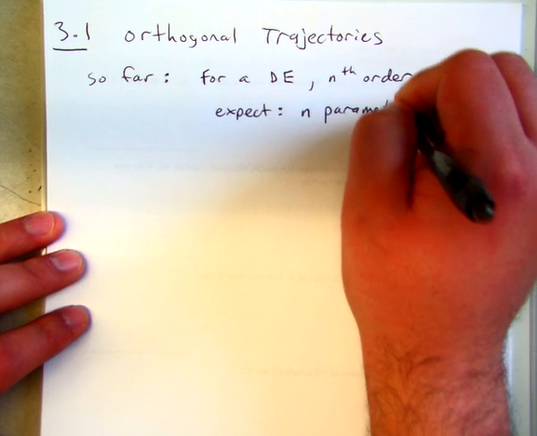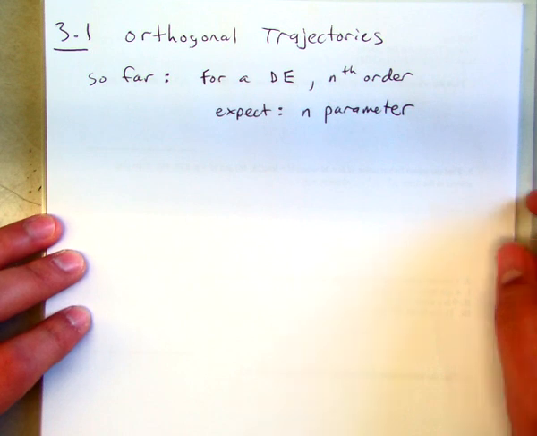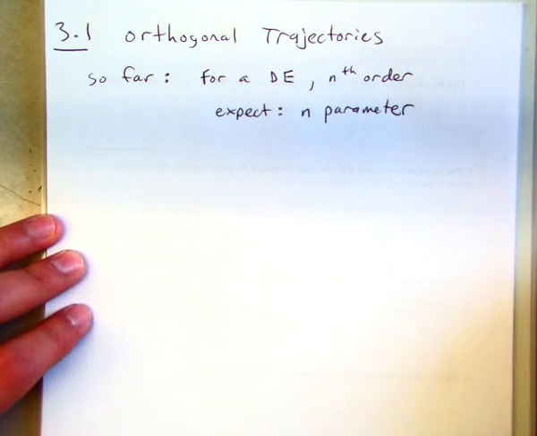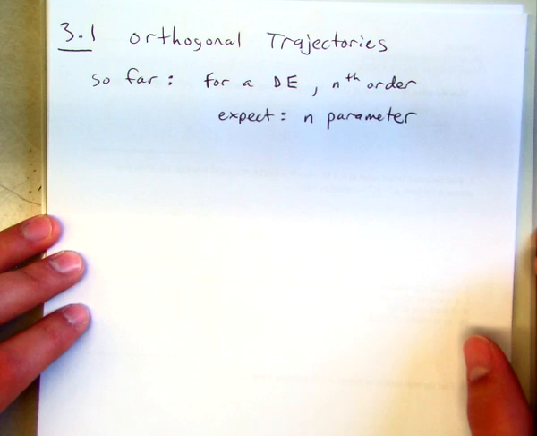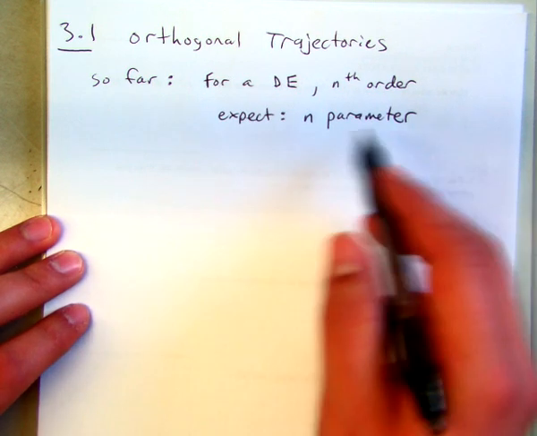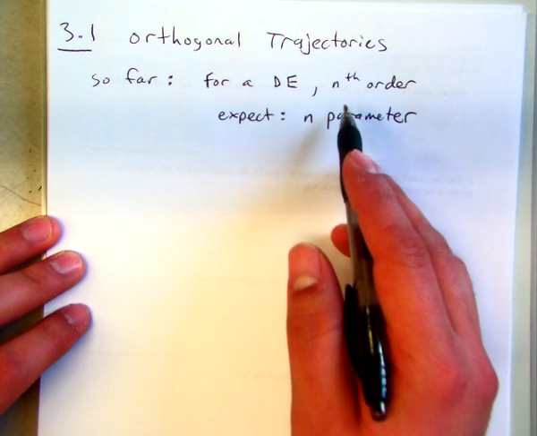So far we've only really seen first order, and we have one constant or one parameter. We've seen a couple of second order equations via the substitutions that we've done, and we've gotten 2 parameters. So whatever the order is, that'll determine the number of parameters in our solution.